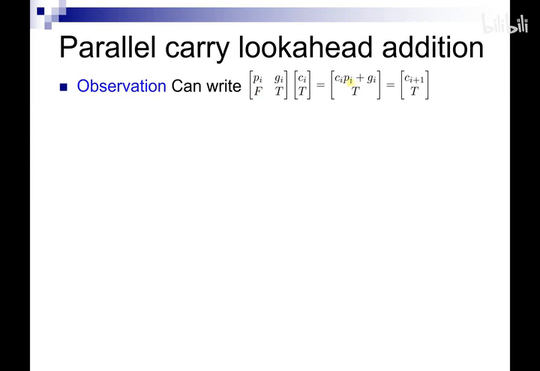And then by the previous page, we know that ci times pi plus gi is equal to the next carry bit. So what this says is that if you take the current carry bit and then true, and you multiply it by this little matrix over here, you're going to get the next carry bit.